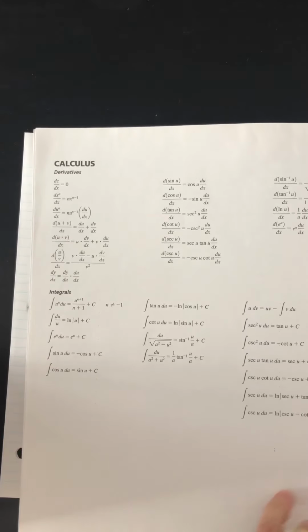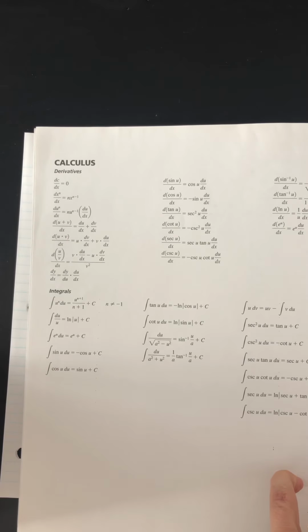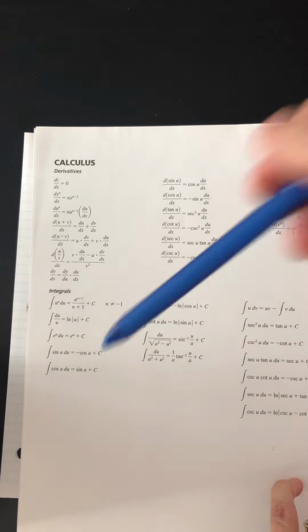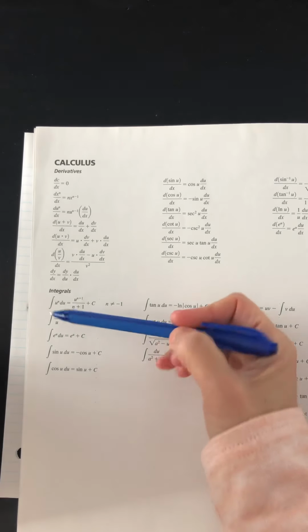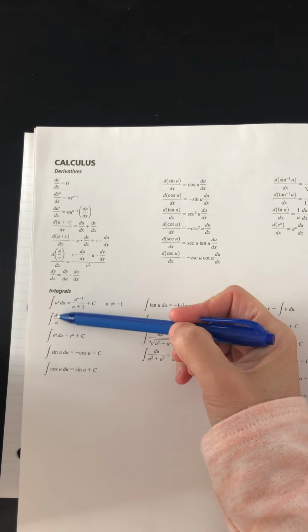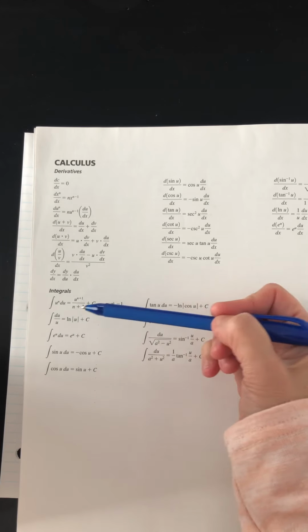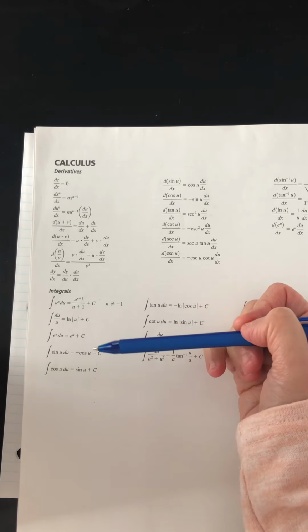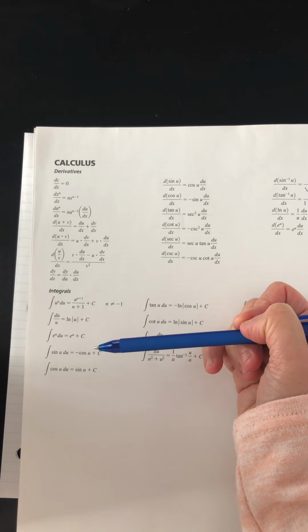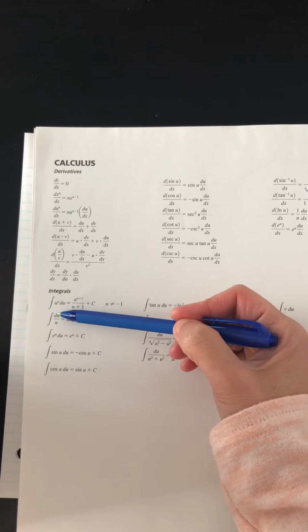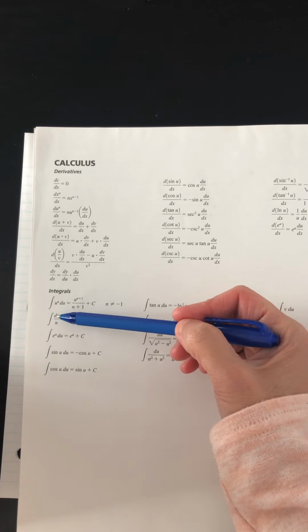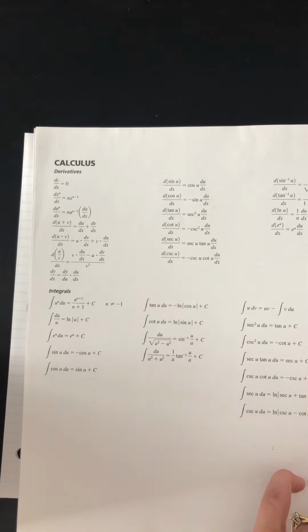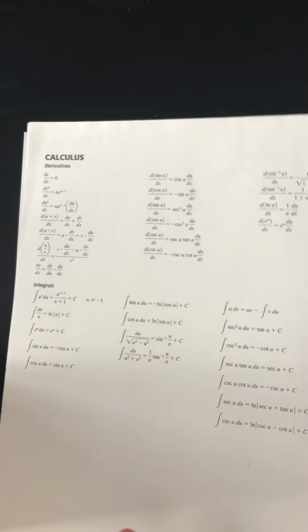All of the ones that are helpful for calculus, so derivatives as well as integrals. And here's the rule we've used twice in this question. The integral of du over u is ln u. And we had the integral of dx over x and also the integral of dy over y in this question.